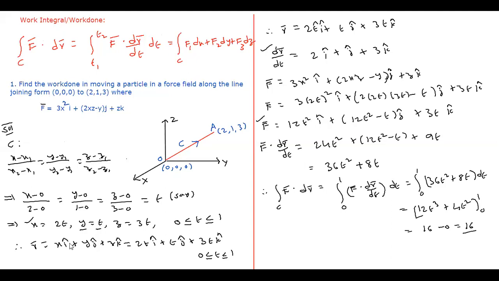We got the expressions for x, y, z in terms of t by using the equation of the line joining 2 points in 3 dimensions. Then we changed everything in terms of t, substituted into the formula, and got the value. Is this clear to all of you? Shall I proceed? Yes, sir. Okay, so this is the first problem, problem number 1.